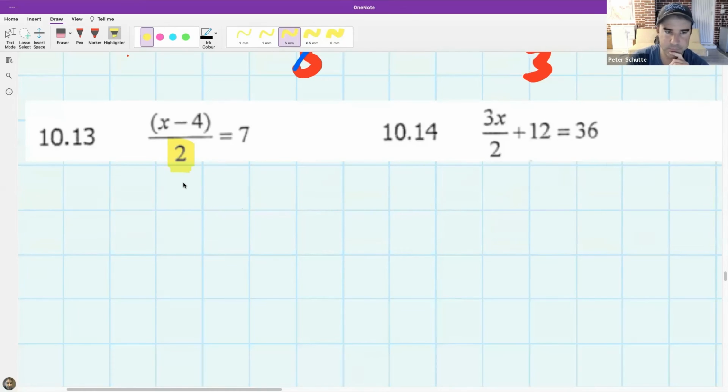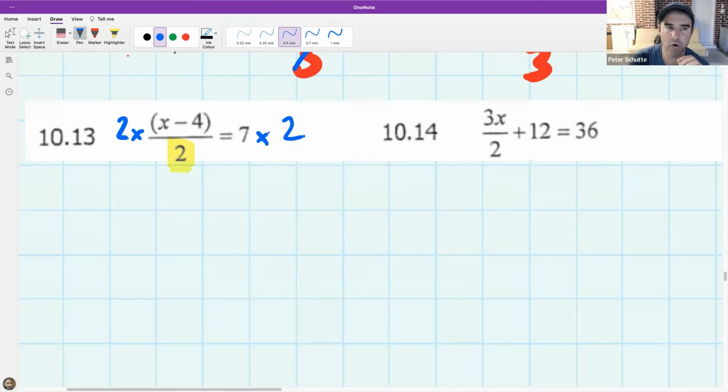10.13. So for 10.13, I think we need to undo the divided by 2 part. If I want to undo dividing by 2, in the chat, what undoes dividing by 2? I think it would be multiplying by 2. So I'm going to multiply this side by 2, and I'm going to multiply that side by 2.